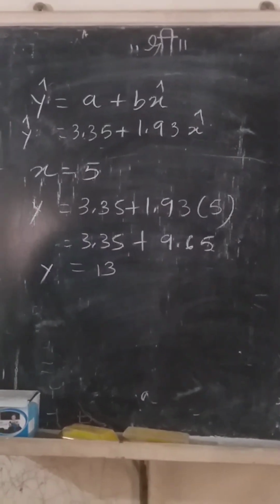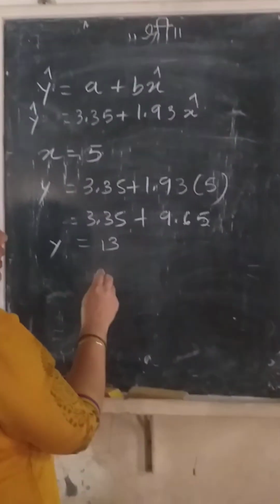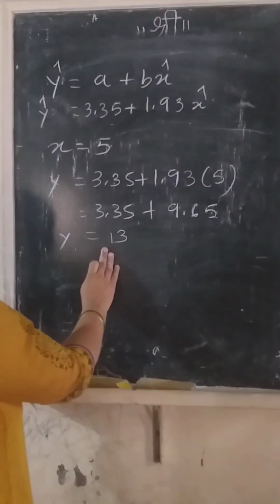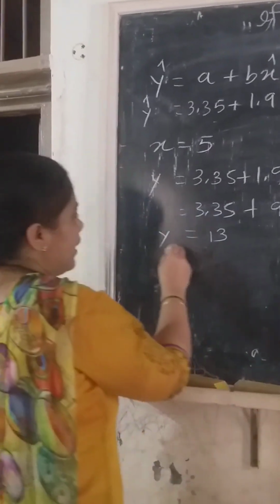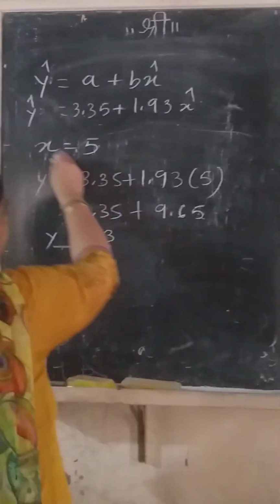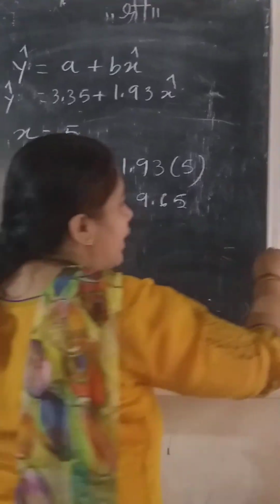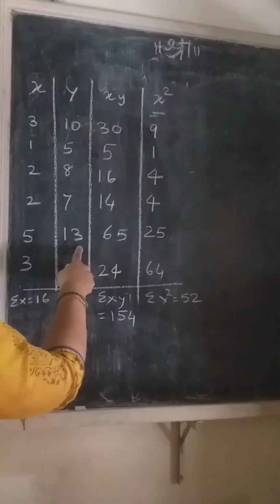You are asked the third question as to find the error. So for finding the error, whatever is our estimated value, you have to subtract the observed value, right? Now from the table, for x is equal to 5, my observed value is 13.